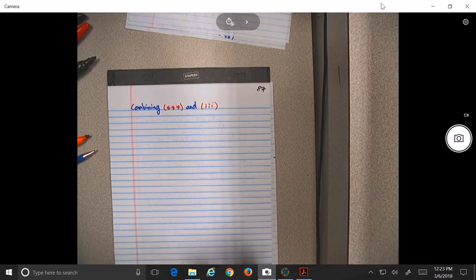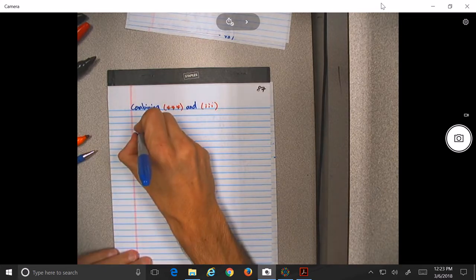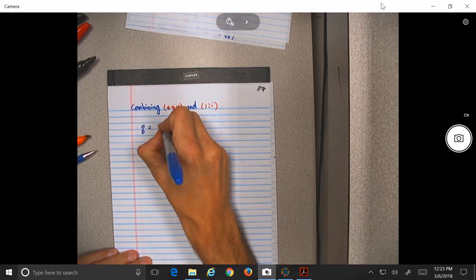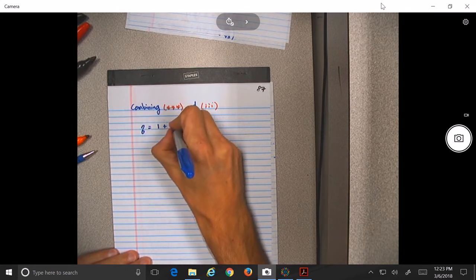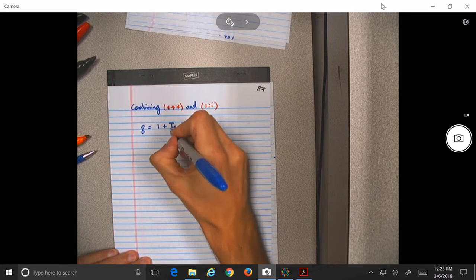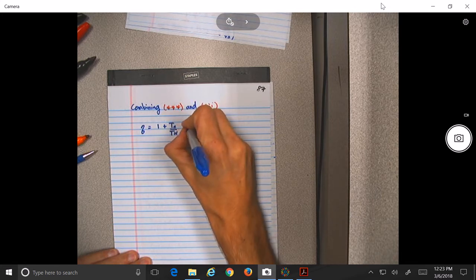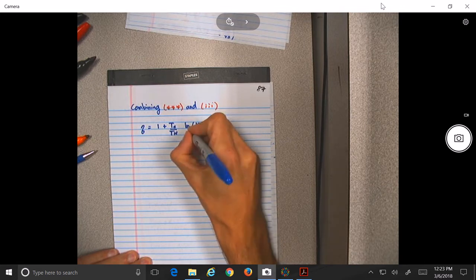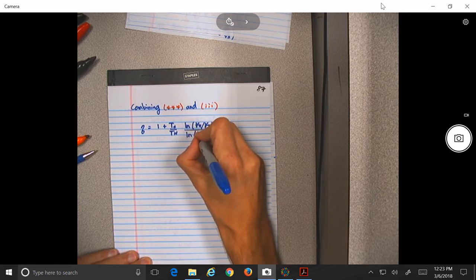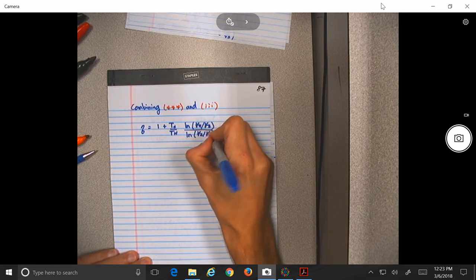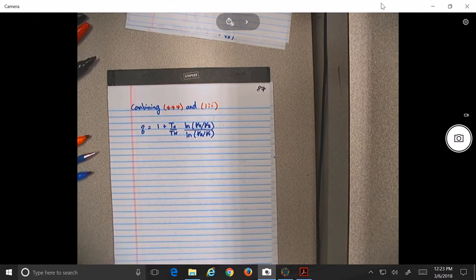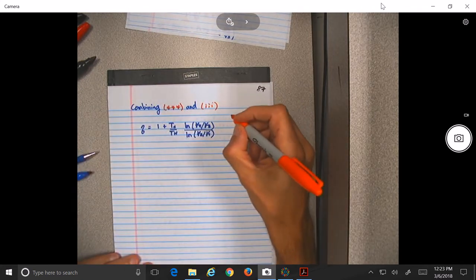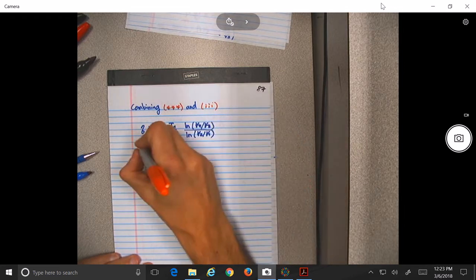Triple star was the efficiency equal to 1 plus Tc over T cold log V4 over V3 over log V2 over V1, and we can use the relation 3, which is what?